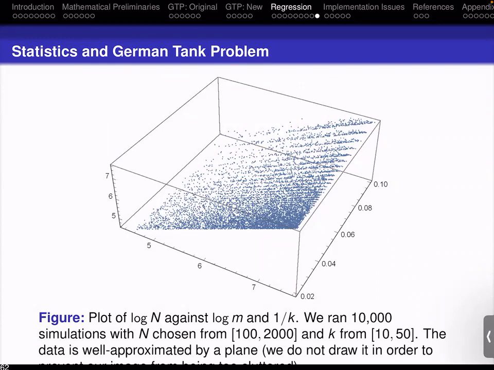So remember, we believe, from our theoretical arguments, that it should be m plus some constant times m over k. If we believe that constant is 1, it would be m times 1 plus 1 over k. So what's the log of a product?